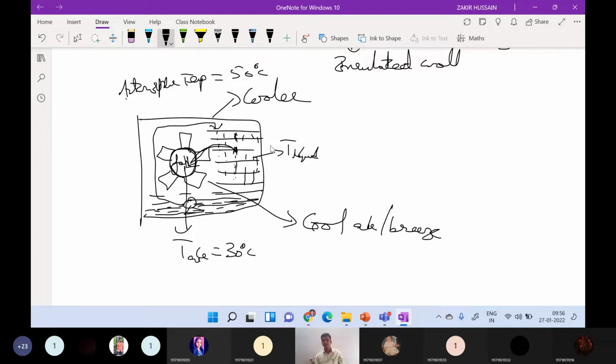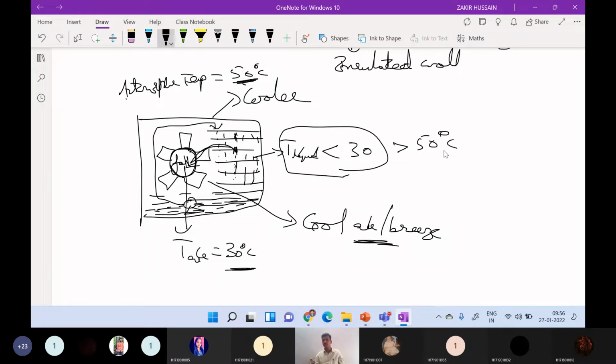If you supply liquid at a temperature below 30 degrees centigrade, then only will you get the output breeze temperature, the cool air temperature, as 30 degrees centigrade. But if you are supplying the liquid at greater than 50 degrees centigrade, or around 60, you will get a higher air temperature, further more.